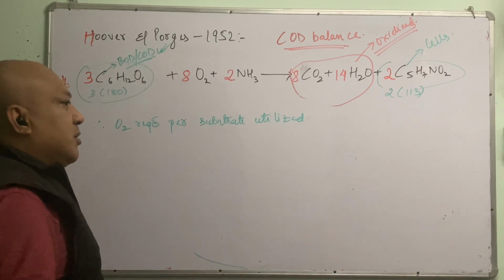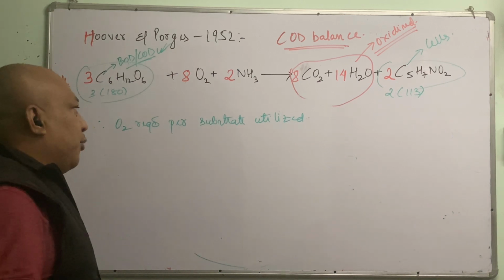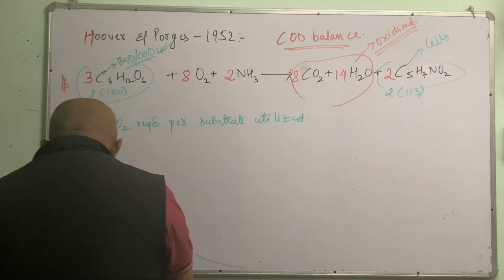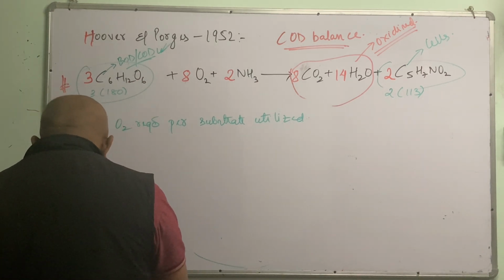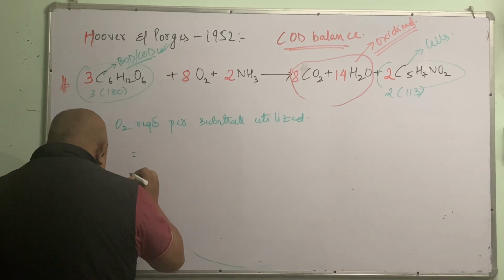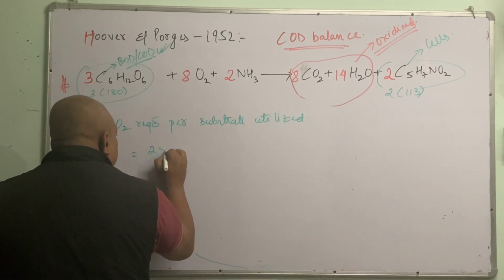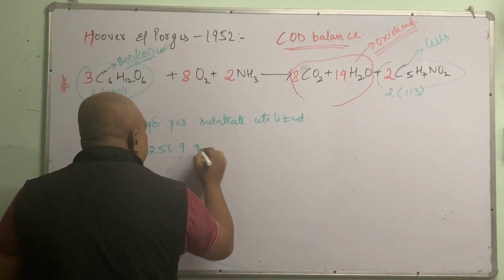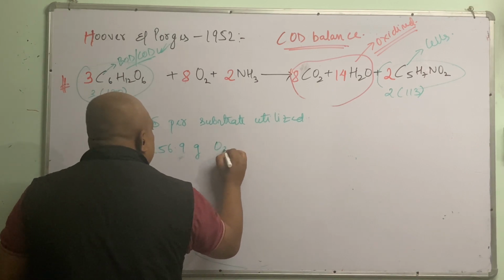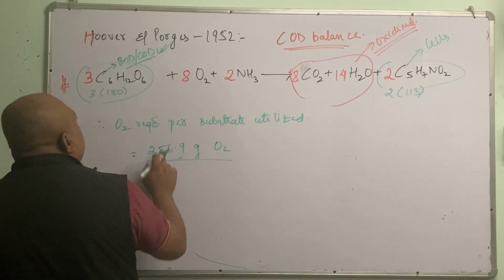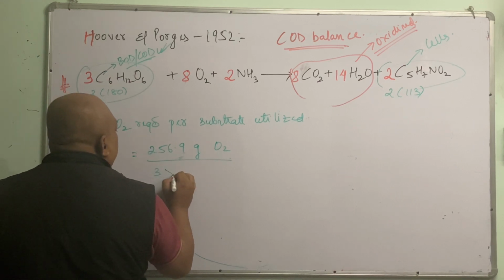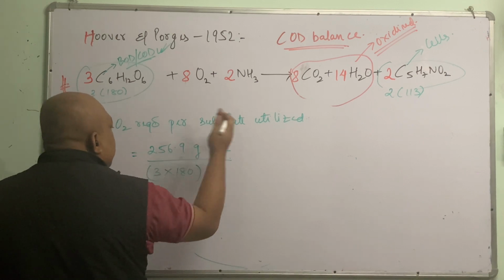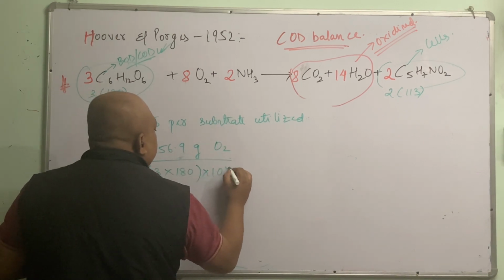We know 256.9 grams of oxygen is consumed, and the substrate utilized is 3 into 180 grams, and conversion to COD is 1.07.